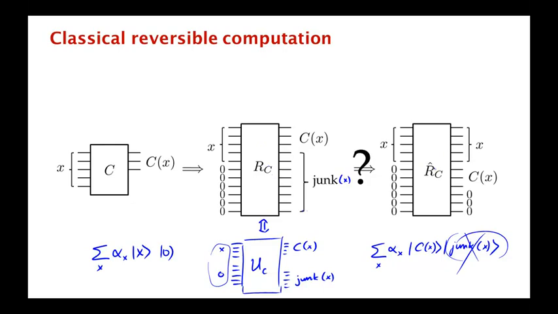The reversible circuit we want to end up with is one that actually erases the junk and in its place leaves the input string X. So it takes as input X and a bunch of zeros. It outputs X as well as C of X, the output of the original circuit, and some zeros. So for us, this situation is infinitely preferable to that one. This is really not good for us. So let's see why that's the case, and let's see how to make this happen.